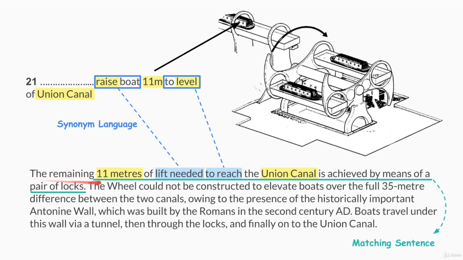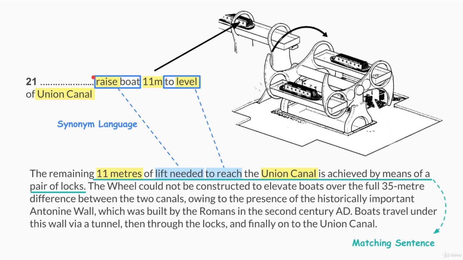It says, the remaining 11 meters of lift needed to reach the Union Canal is achieved by means of a pair of locks. So what raises the boat 11 meters? Well, it tells you right here. It's achieved by means of a pair of locks. A pair of locks do that. So the correct answer here is pair of locks.